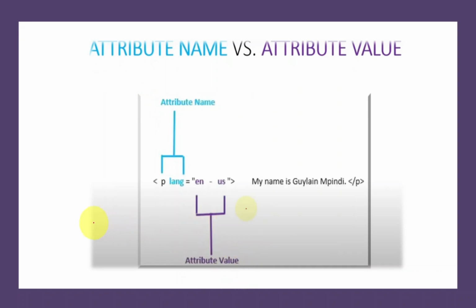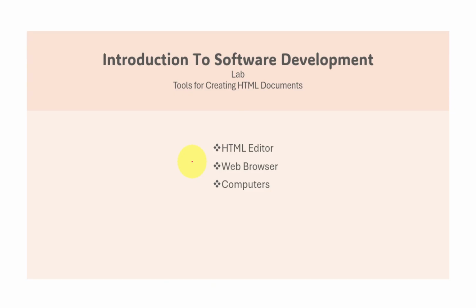When we start programming and coding, you're going to understand. For example, this one is an open and closing tag, but this part, when we do the demo, you're going to understand, including this part.